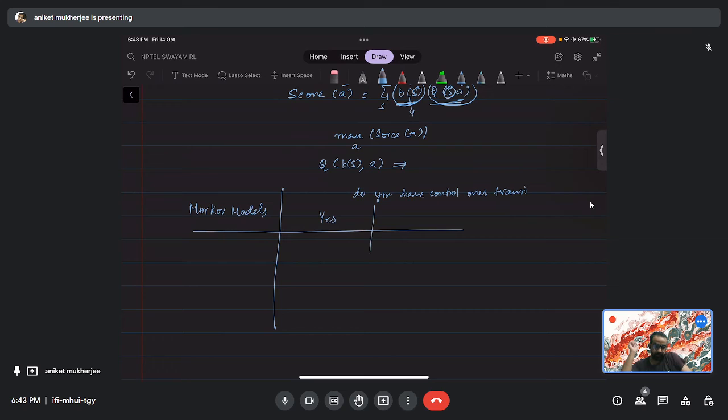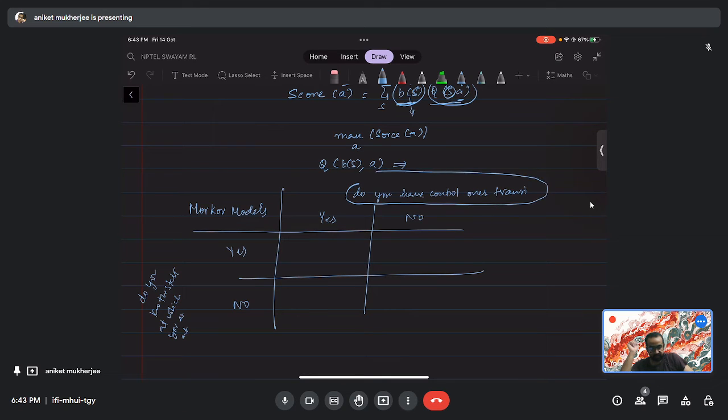Do you know the state at which you are? Okay. Do you have control over transitions? First I'll go no. And do you know all the states? Yes. This is a Markov chain.